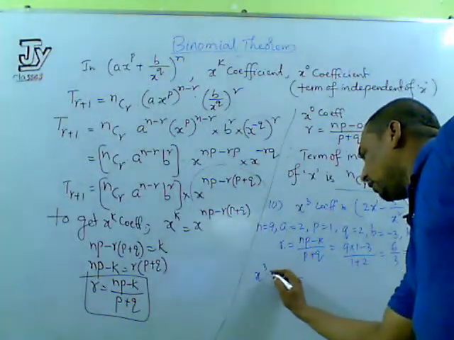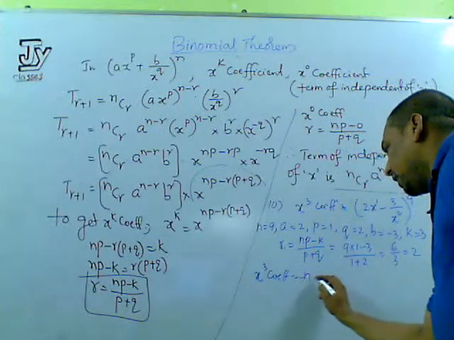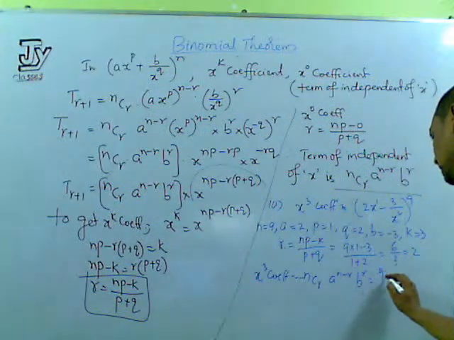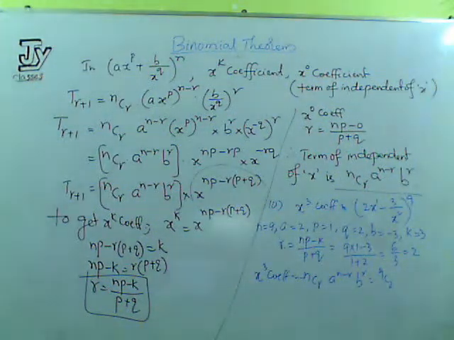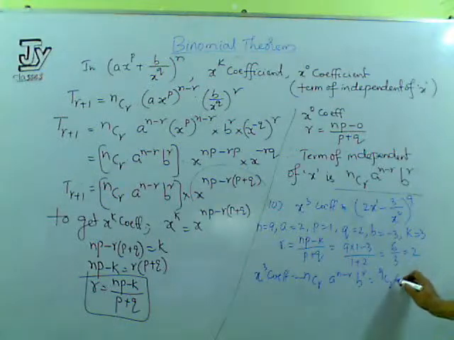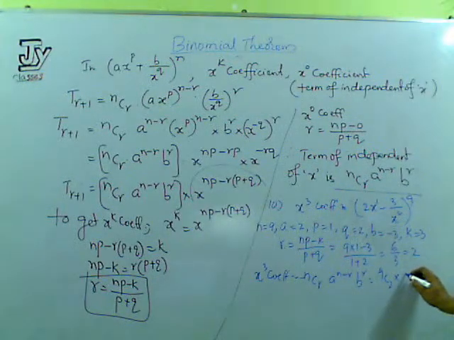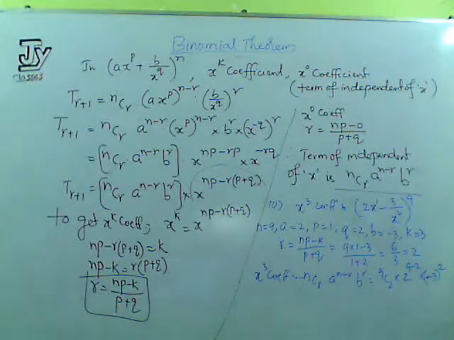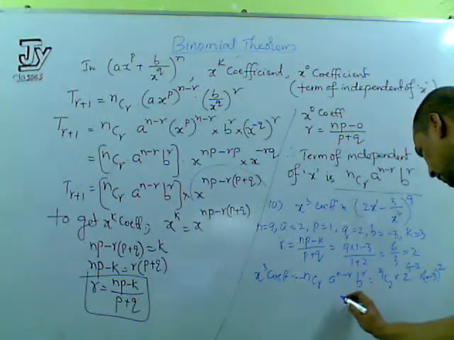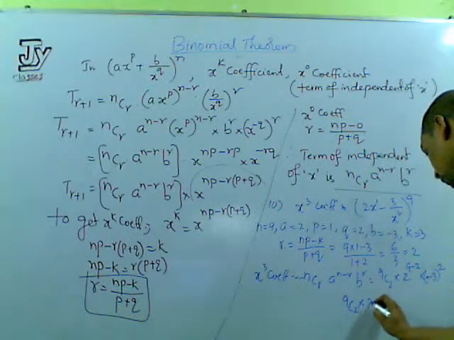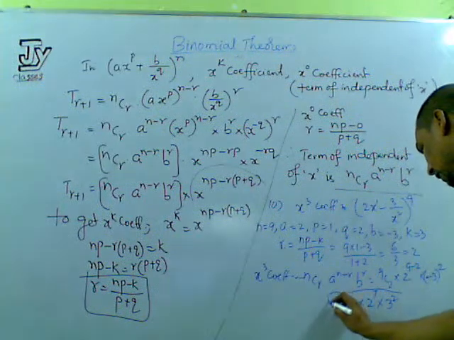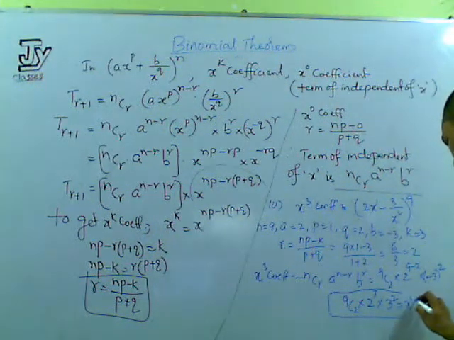So x power 3 coefficient is nCr a power n minus r, b power r. 9C2, because n value 9, into a, what is a? 2, 2 power n minus r, 9 minus 2, into b, minus 3, whole power r, 2. So that is 9C2 into 2 power 7 into 3 power 2, that is the x cube coefficient.